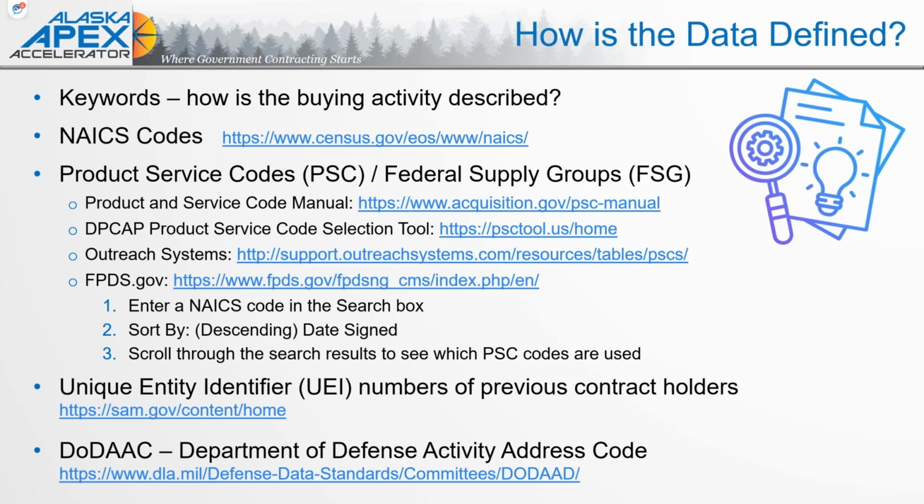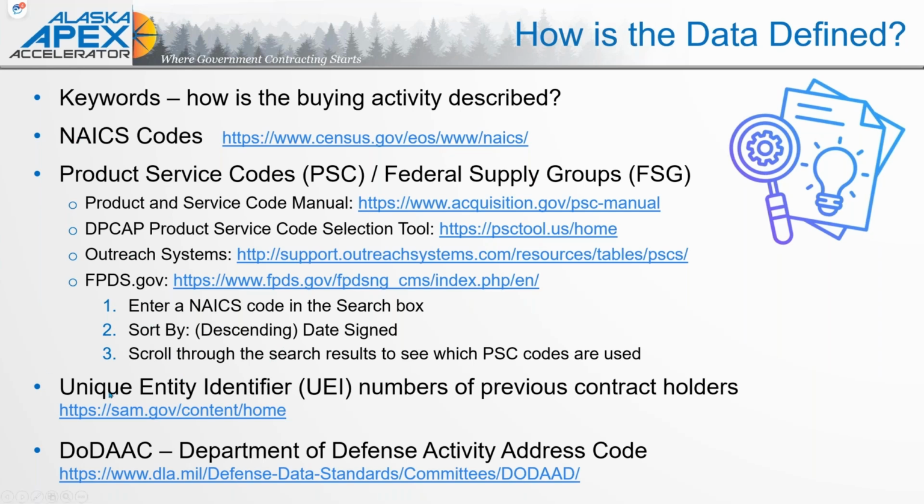And then I simply, without really caring about who the awardee or the agency is, just scroll through. And when you look to the right side, you can see the PSC code, and it's a great way to see all the PSC codes that have been linked with that particular NAICS code. Kind of my favorite method to do a quick search.